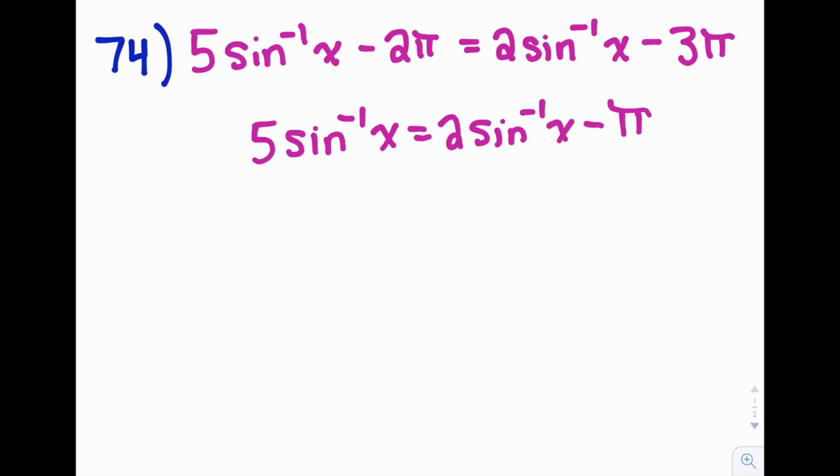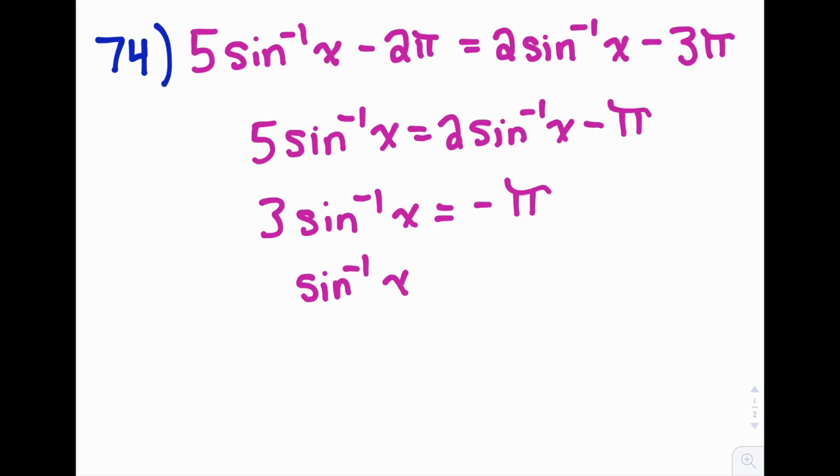Next, you're going to subtract 2 times the inverse sine of x from both sides, giving you 3 times the inverse sine of x equals -pi. From there, you divide both sides by 3, so you get the inverse sine of x equals -pi/3.